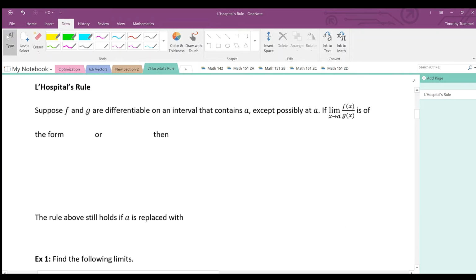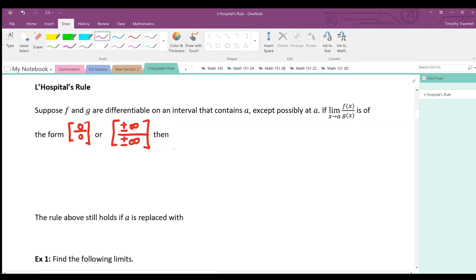So here's L'Hopital's rule. If our limit, again, happens to be of the form 0 over 0 or plus or minus infinity over plus or minus infinity, then the question is, then what?